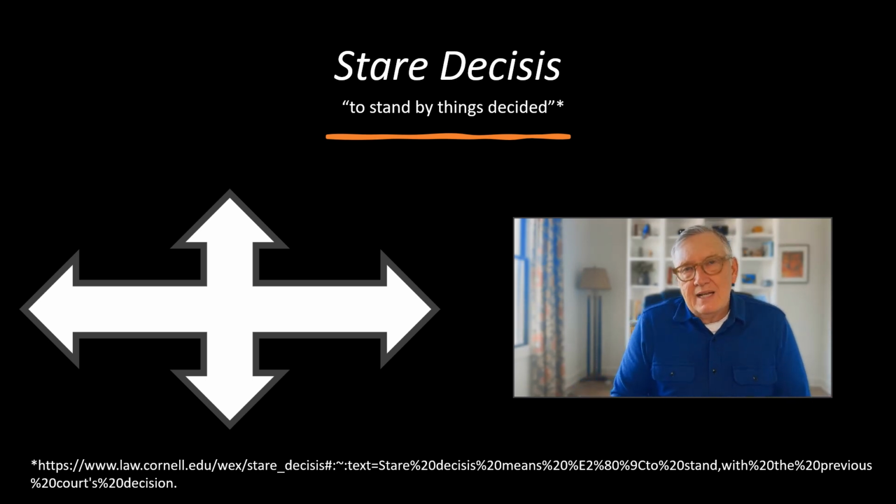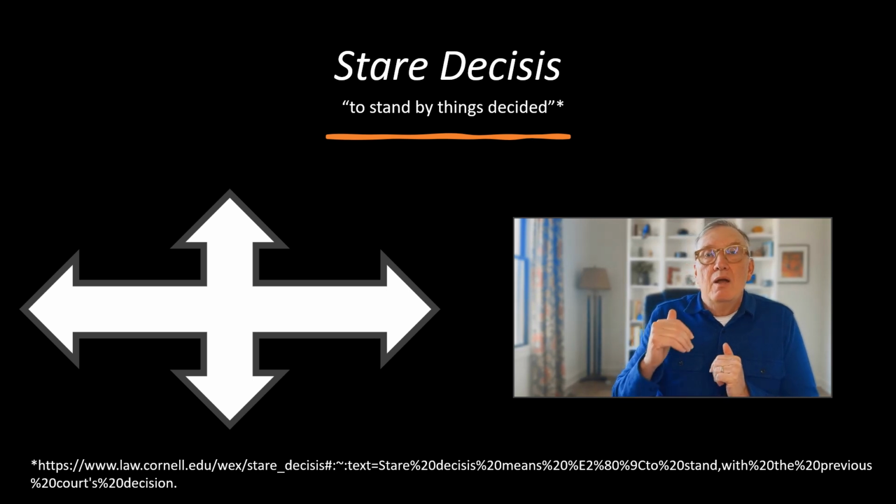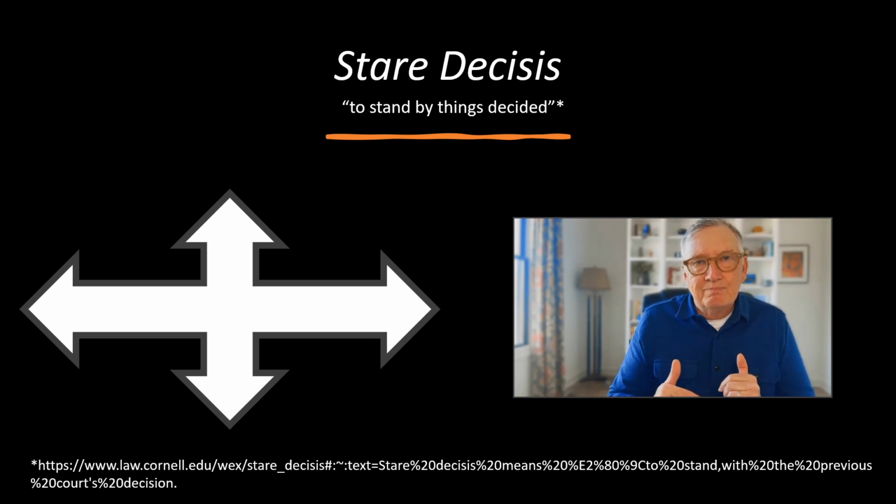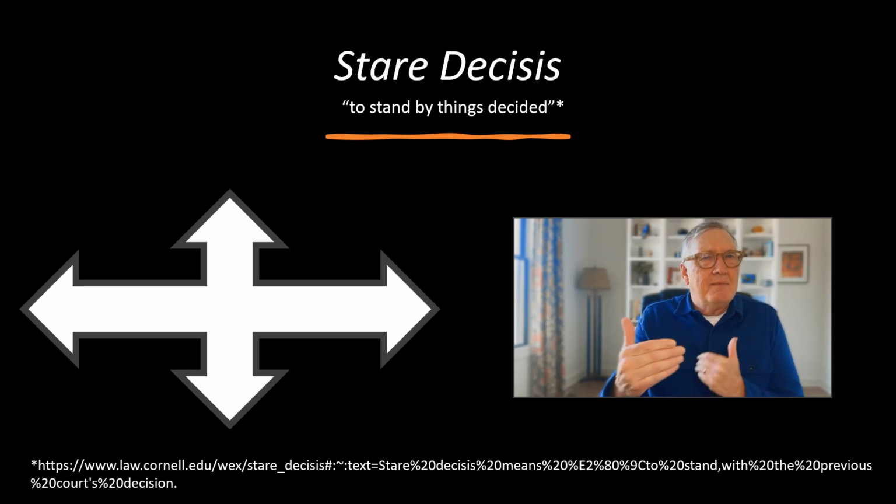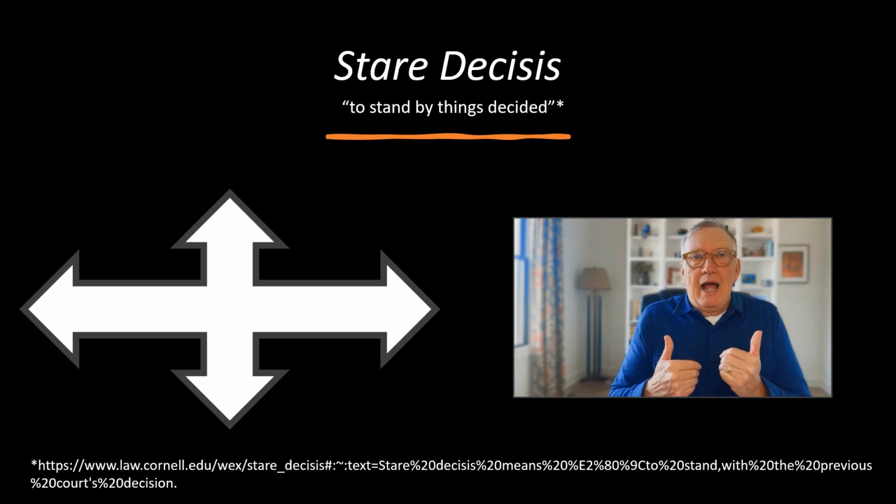Let's talk about something that's a little strange of a word or phrase, stare decisis. And you can see from the slide there, that means to stand by things decided, stare decisis. And we talked about this hierarchy of the law. So when we talk about stare decisis, we're talking about how courts make rulings, and this really adds order to our system.